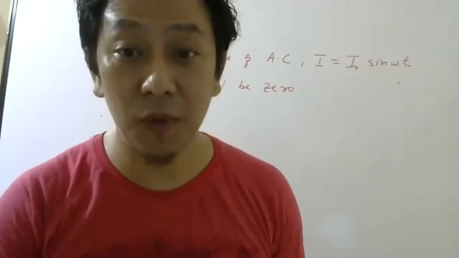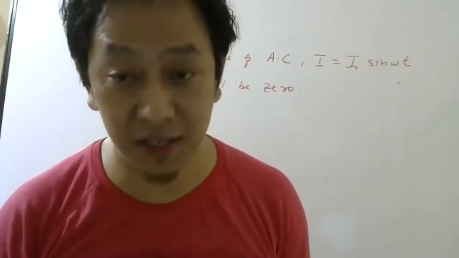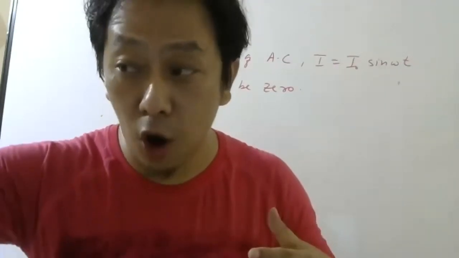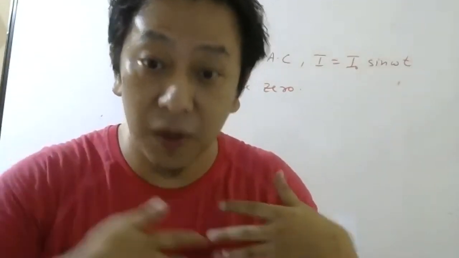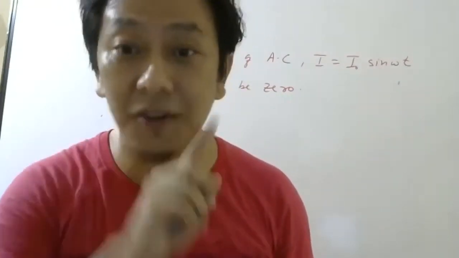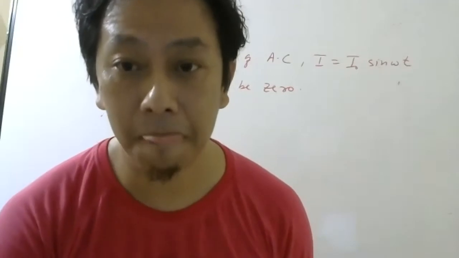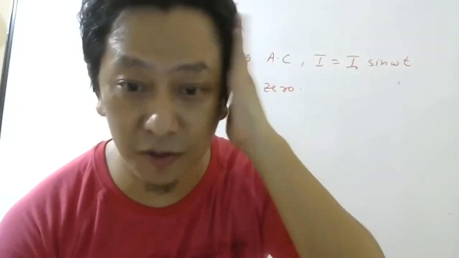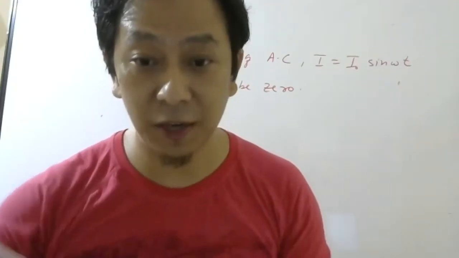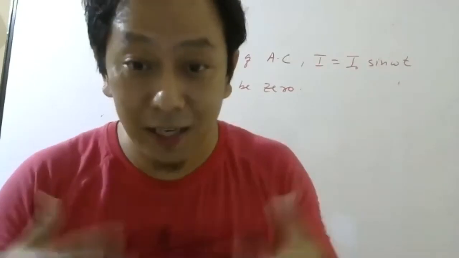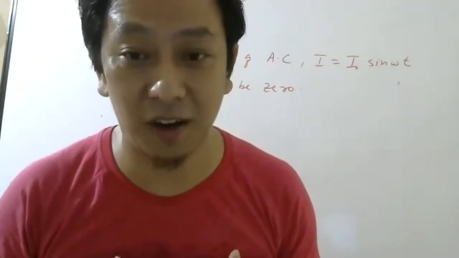Now the problem, if the average is 0, when alternating current passes through a resistor, or passes through Pankaj sir, does it mean that the effect of the current is also zero? No. You know that when current passes through my body, whether it is AC or DC, I will feel an electrical shock.